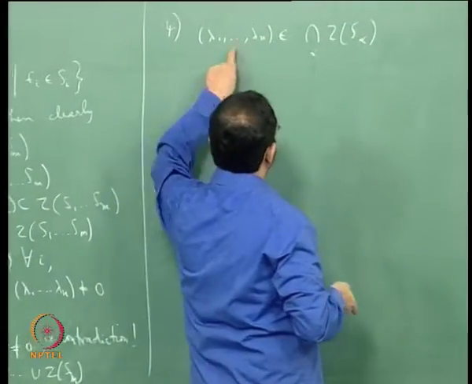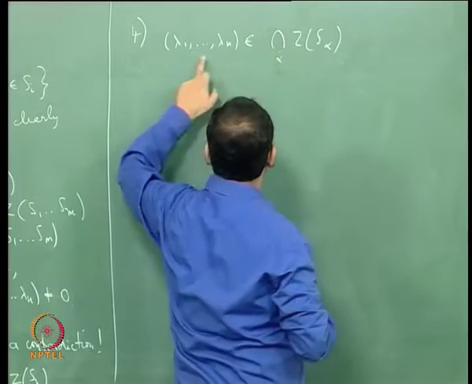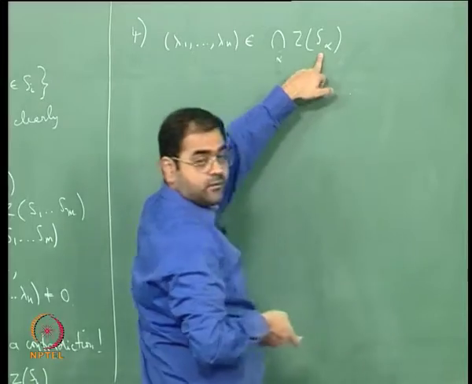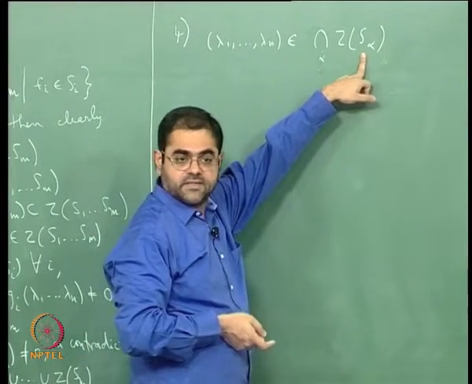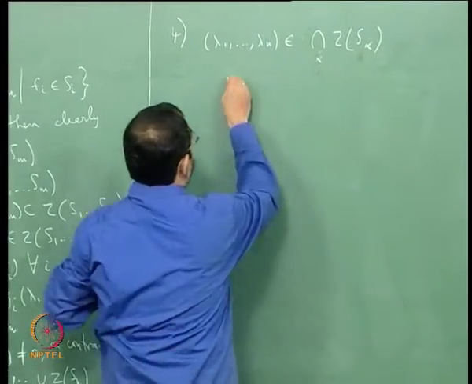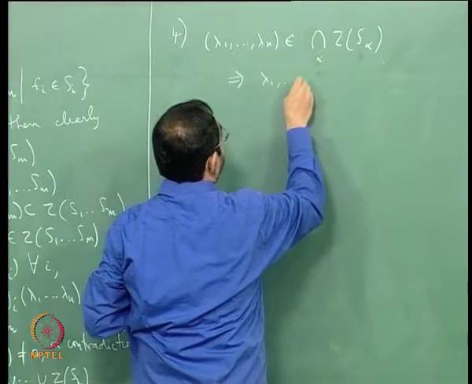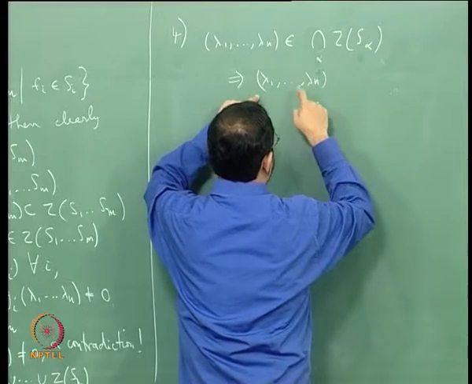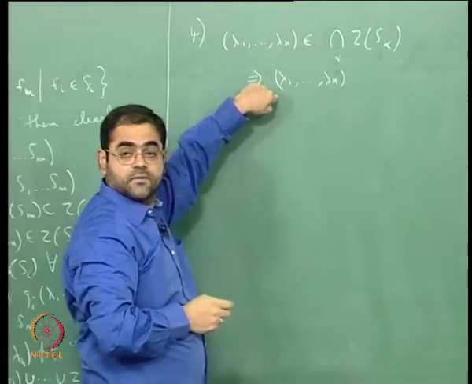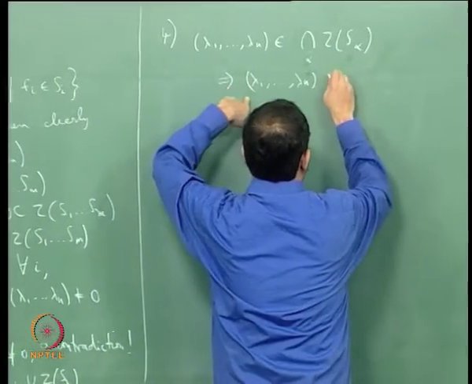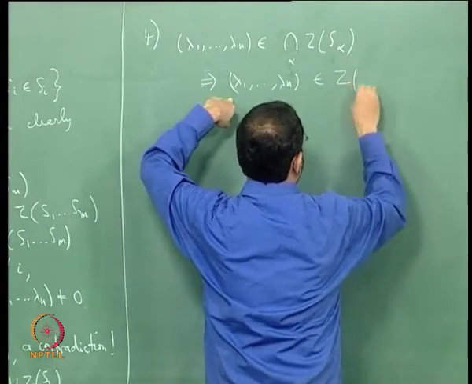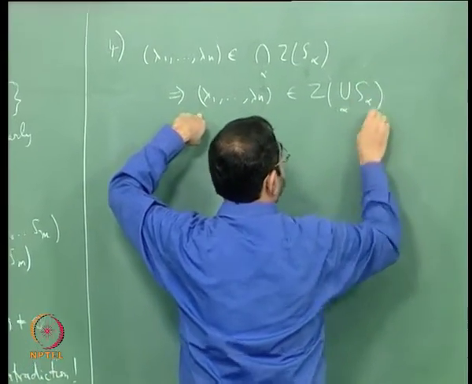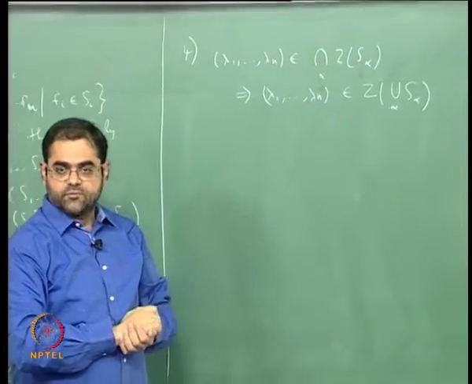So if there is a point in this, that means this point vanishes on every polynomial in each of the S alphas. So this point will also be a 0 for the set of polynomials gotten by simply taking the union of all the S alphas. This is obvious.